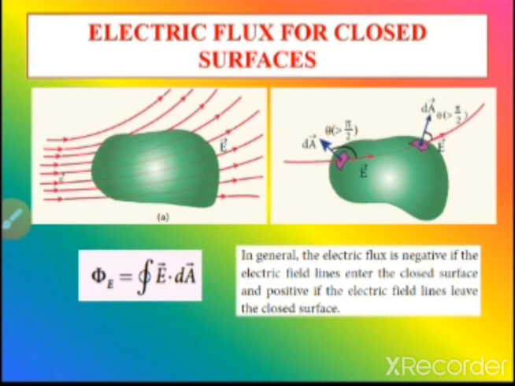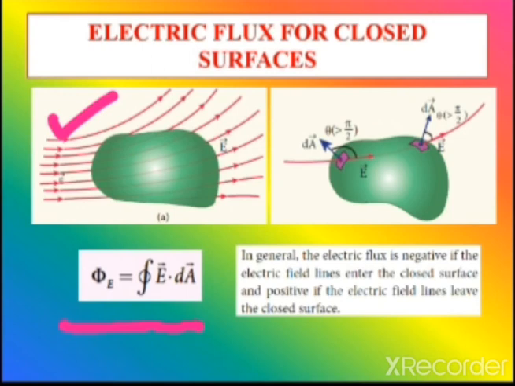Our next topic is electric flux for a closed surface. For the entire area, the total electric flux is given by phi equals the closed integral of E vector dot dA vector.